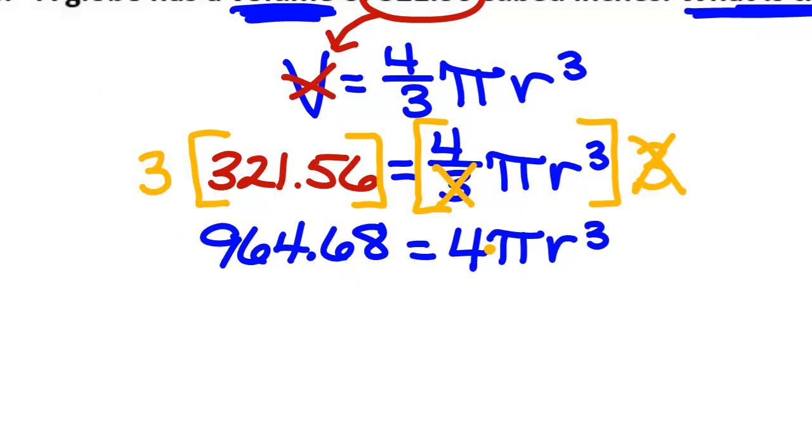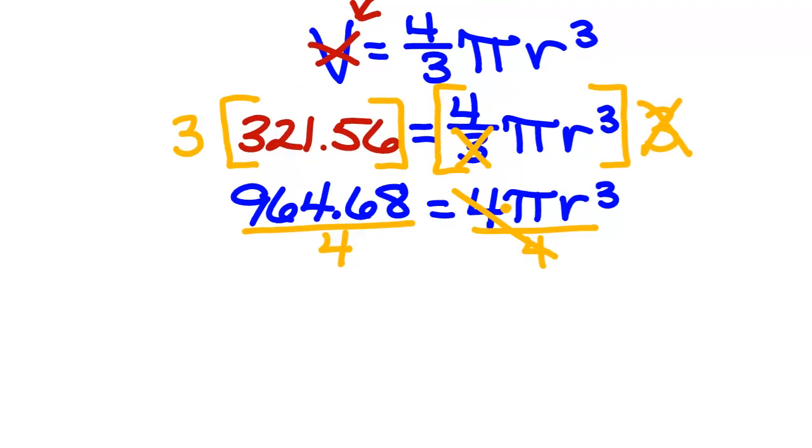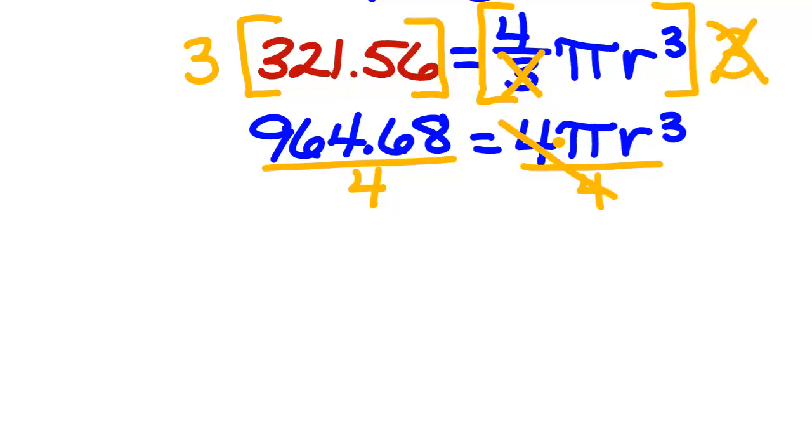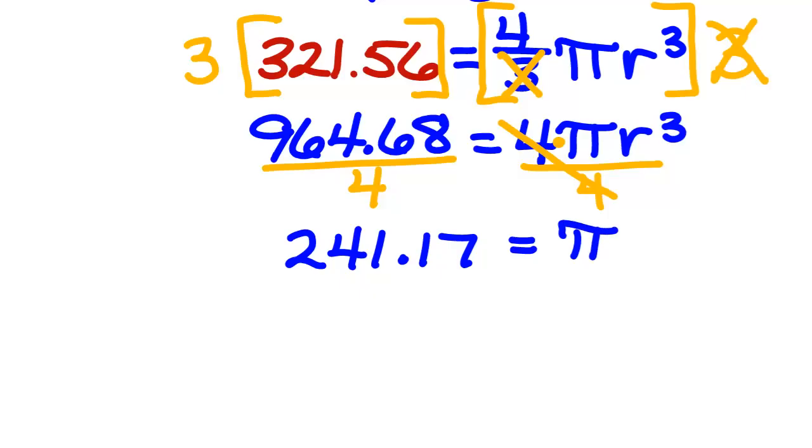Multiplication. So how do we get rid of it? Division. So we're going to divide by 4 on both sides. 964.68 divided by 4 is 241.17, and that's equal to pi r cubed.